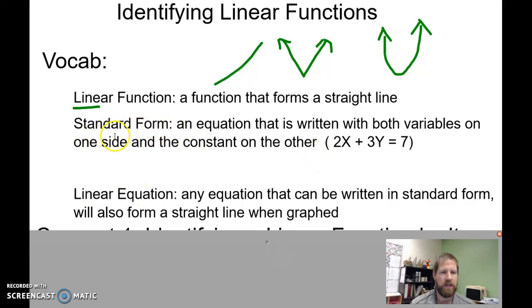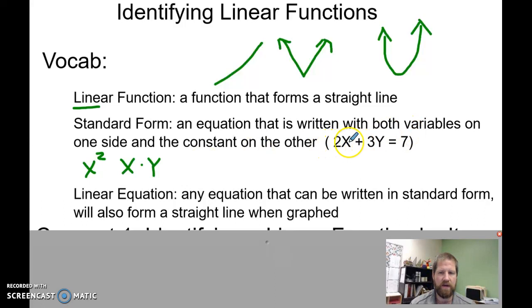Now, one thing you need to note for standard form, and this is important, so make sure you get it in your notes, is that these variables can't have exponents other than 1. Okay? They can't be multiplied by each other. All right? They could be subtracted.